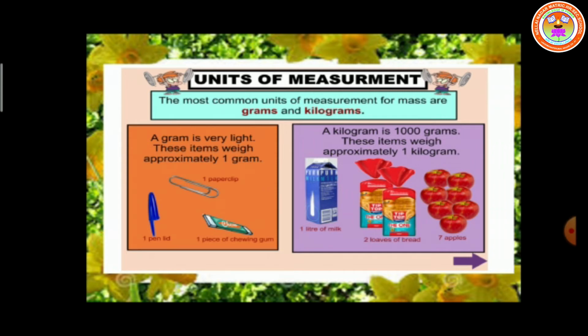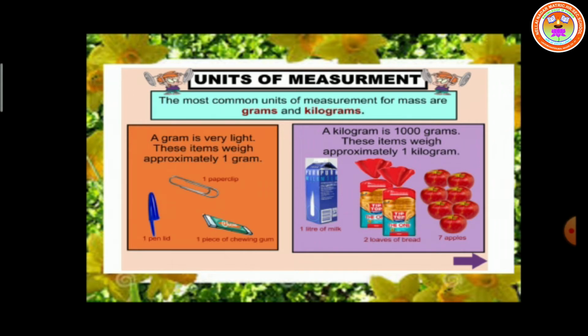So a gram is used to measure light objects, but a kilogram is used to measure heavier objects. A kilogram is nothing but 1000 grams. The given items weigh approximately 1 kilogram. The examples are 2 loaves of bread, 7 apples and 1 liter of milk. Is it clear, children?